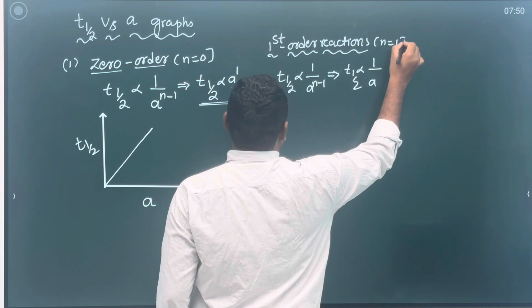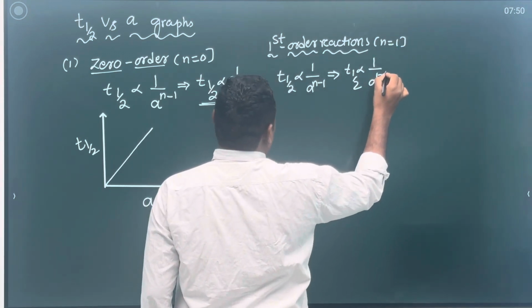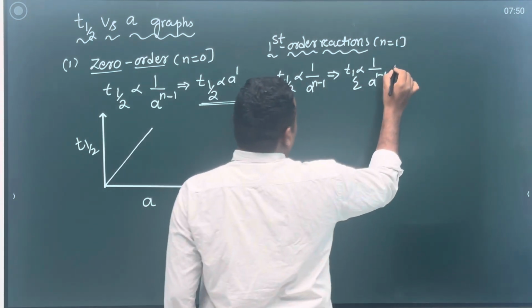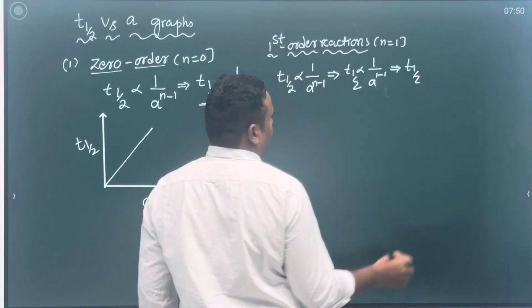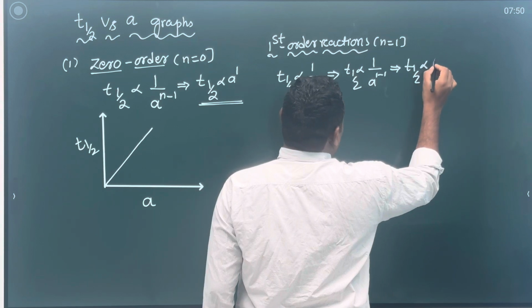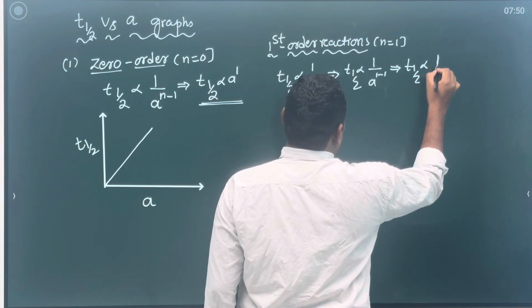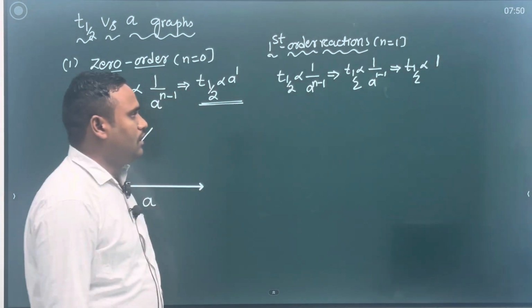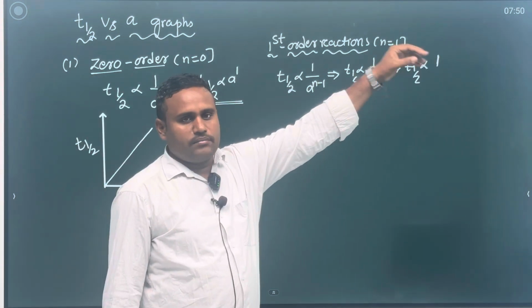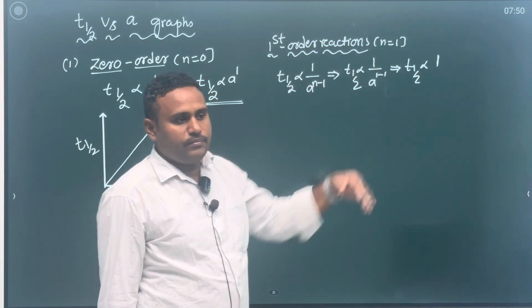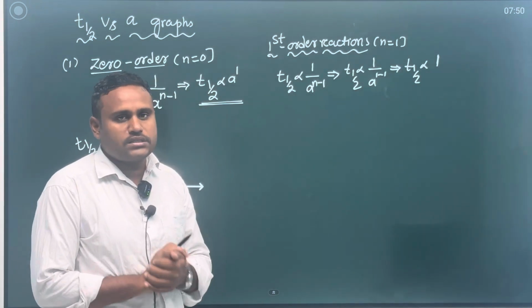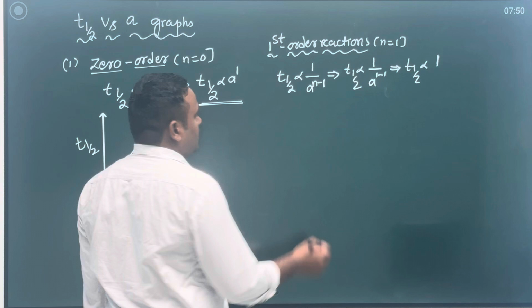First order reaction means n is equal to 1, so 1 minus 1 equals 0. That implies t half is proportional to 1 in first order reactions. This means there is no initial concentration term in the first order half life, so t half of a first order reaction does not depend on the initial concentration.